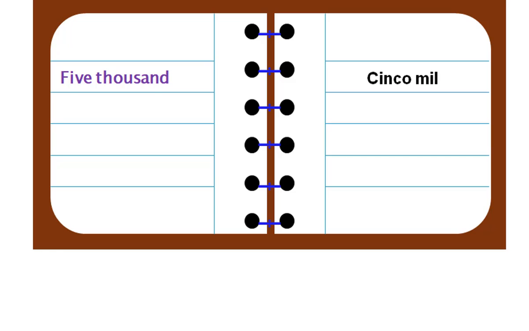But if you are talking about thousands of people, in that case, you'll add es towards the end and it becomes miles de personas, because we are saying thousands.